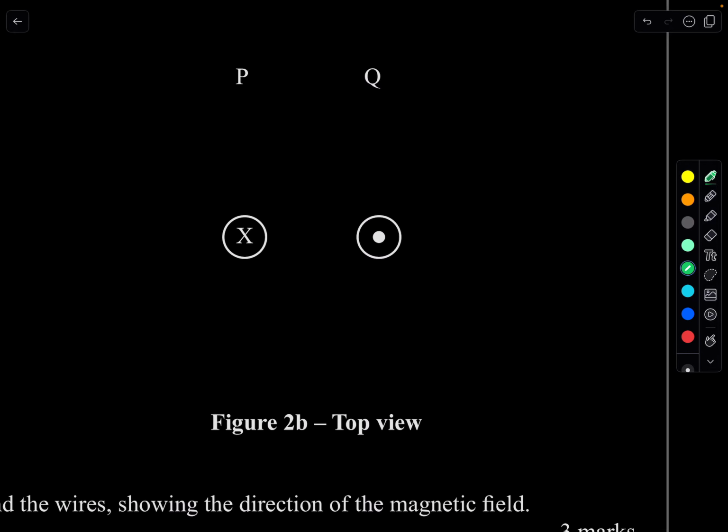Basically, there's current passing through them, so there is going to be a magnetic field produced, because current carrying wires produce magnetic fields. The way you determine it is using your right hand grip rule. You can see that P is into the page, so make sure your thumb is into the page. Let me draw it nicer.